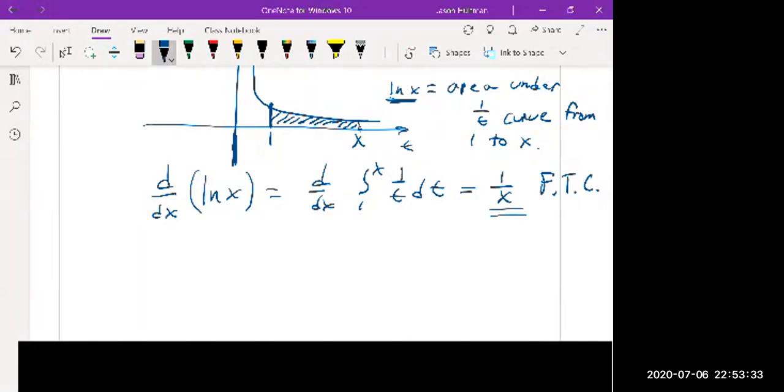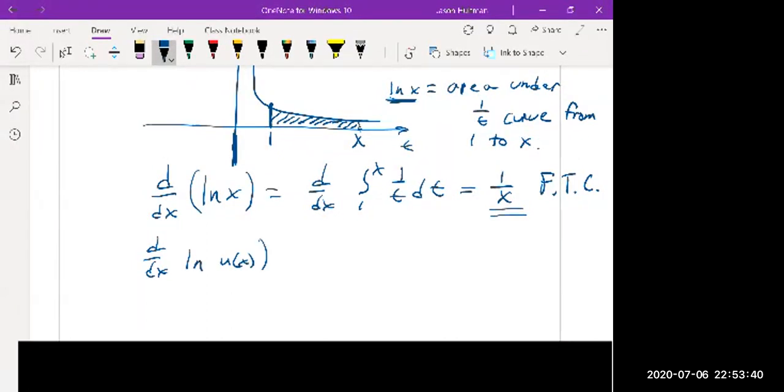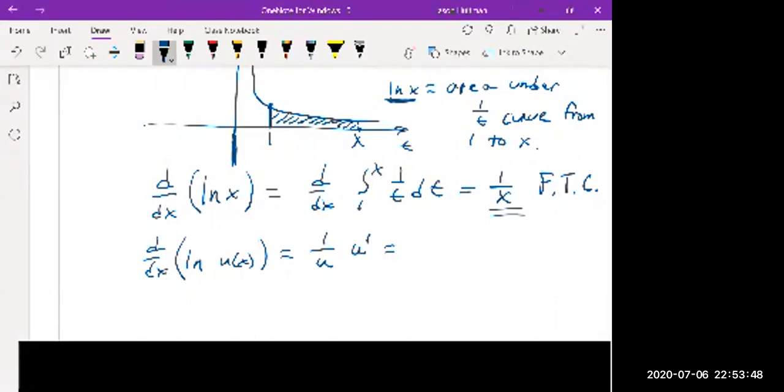d dx of the natural log of u of x is equal to 1 over u times u prime, which is u prime over u. This is the chain rule.